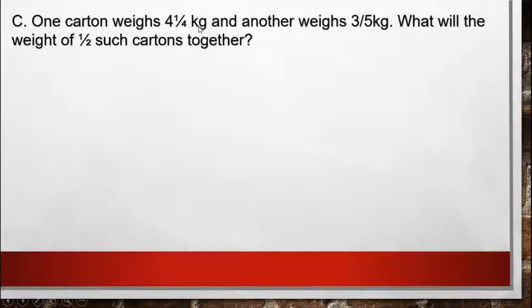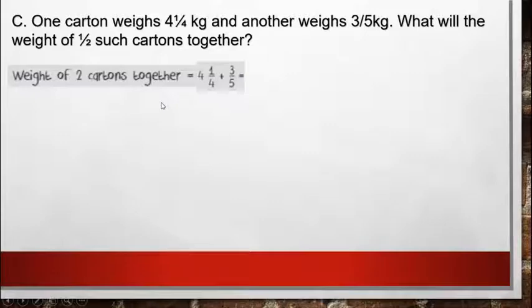The first thing we need to do is add our first and the second carton. So we have 4 and 1/4 plus 3/5. So we need to convert our mixed number into an improper fraction.